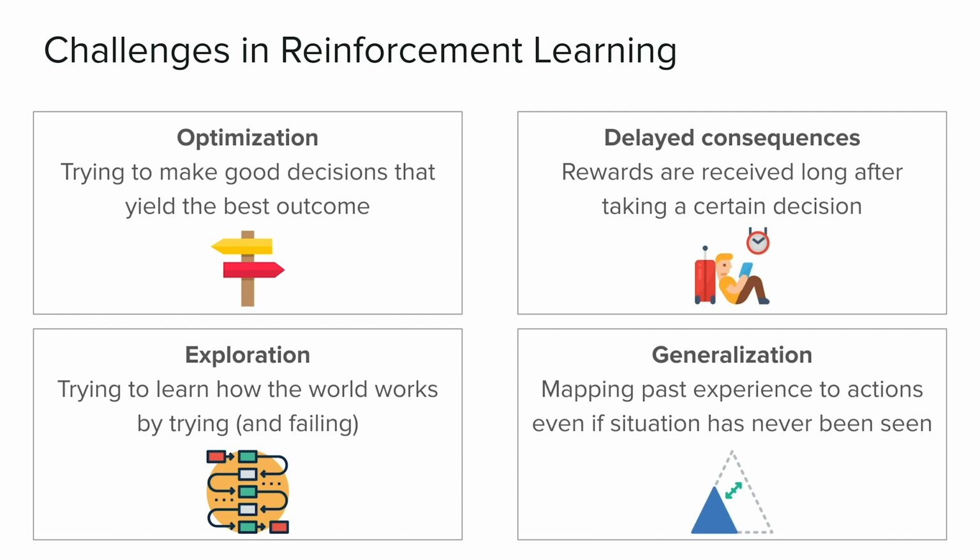And the fourth challenge for reinforcement learning that is specifically tricky here is generalization, where we try to generalize from something that we already know to something that we have never seen before. When you think about reinforcement learning, it would mean that we want to have a set of rules that tell us how to operate and which thing to do at each time step, even if we've never seen the situation before.